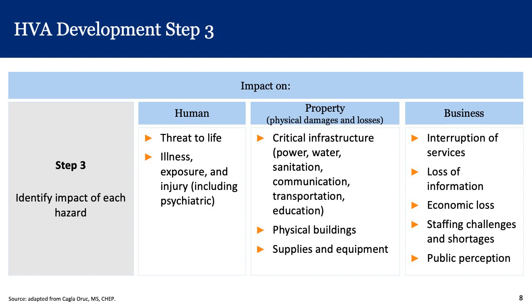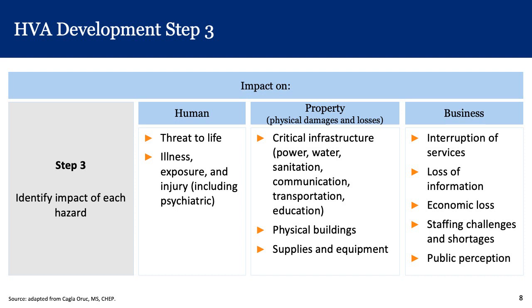And last but not least, at the bottom of this slide, we need to consider the impacts of a given hazard on businesses. Continuity of operations is a common term. So would the hazard, if it played out in the form of a disaster, would it interrupt services of a business or a governmental agency? Could information be lost as a result of it? What kind of economic loss might occur?